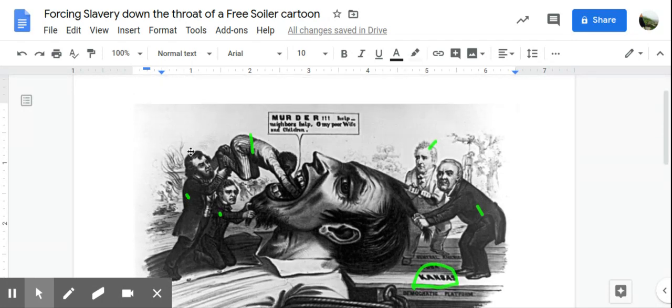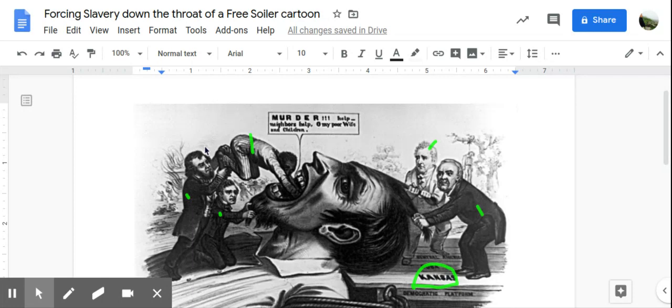This guy over here who's shoving the slave down the throat is Stephen Douglas. He was the one that Lincoln debated, in the House Divided speech that he gave when he was trying to get the Republican nomination for senator. He is also going to run against Lincoln in the 1860 election. He is a Democrat.